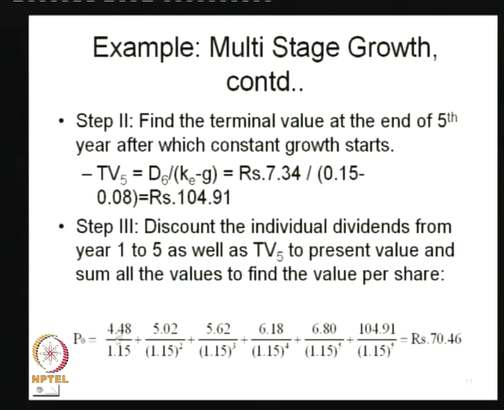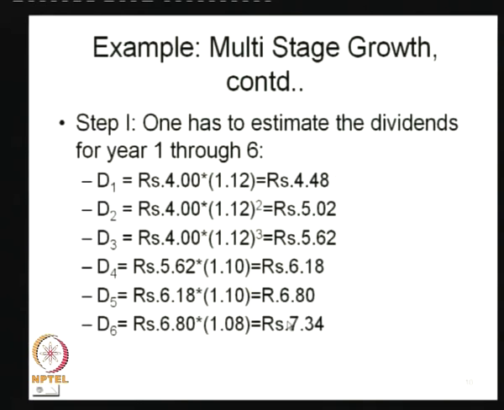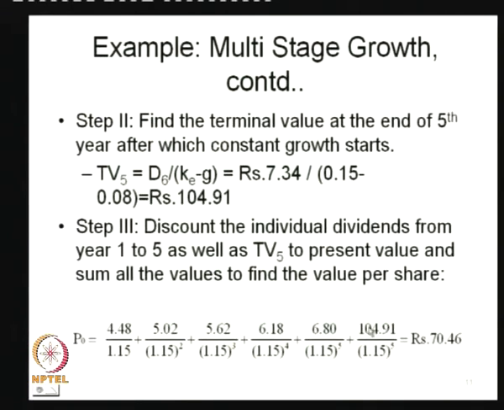The dividends for the 5 years, 4.48 to 6.80, and the 104.91 are discounted at the respective 15% discounting factor. The first year is discounted once, the second year twice, and like that we get a value per share of 70.46.